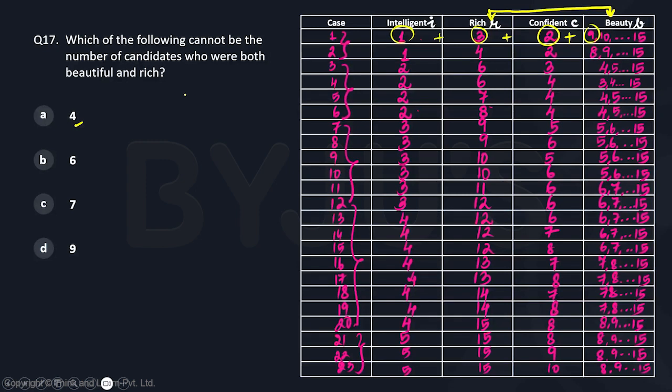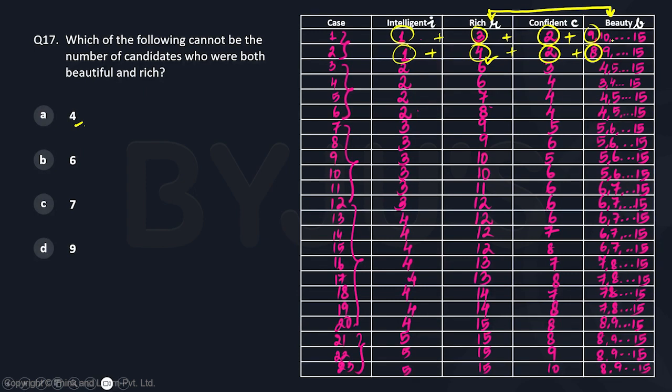Since this gives us a total of 15, that means the rich candidates are not beautiful and the beautiful candidates are not rich. Similarly, if we look at this scenario where we have 4, as in the next case, 1 plus 4 is 5, 5 plus 2 is 7, 7 plus 8 is 15. So that means these 4 candidates who are rich are not beautiful.